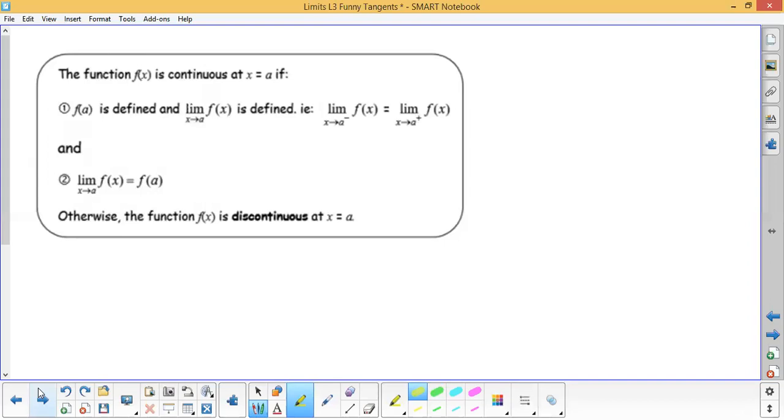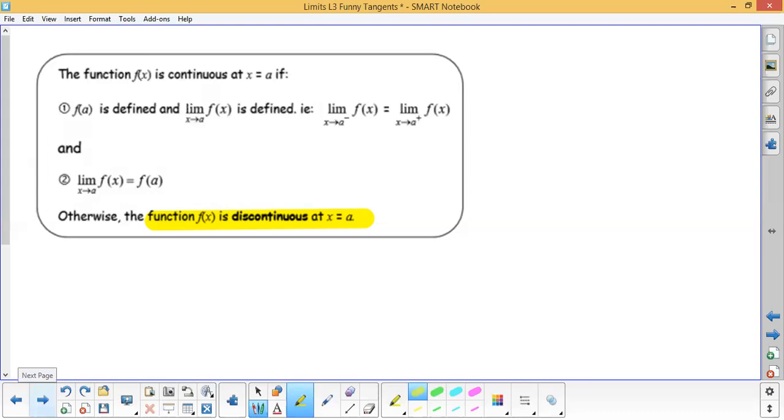These are two elements to define continuity. If either of those elements are not true, then the function is discontinuous at x is equal to a. So this is something to keep in mind when you're doing your homework.